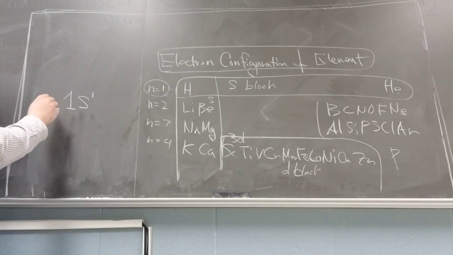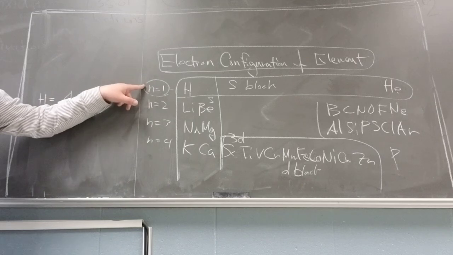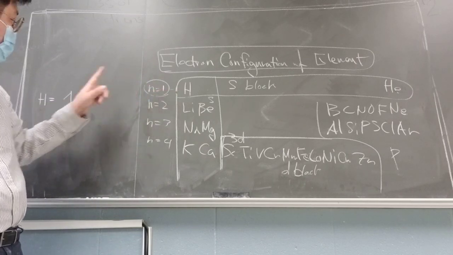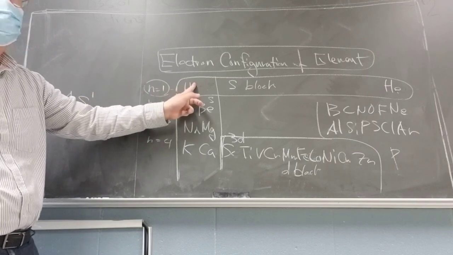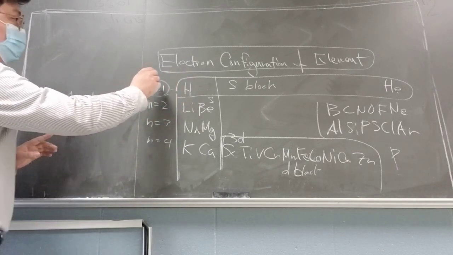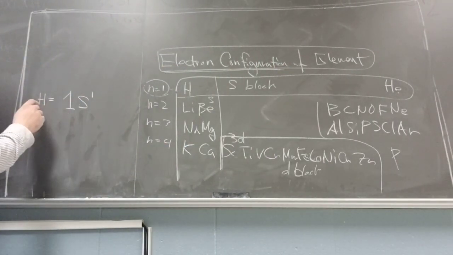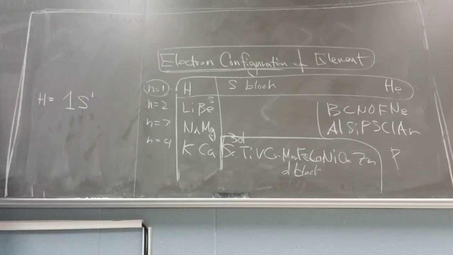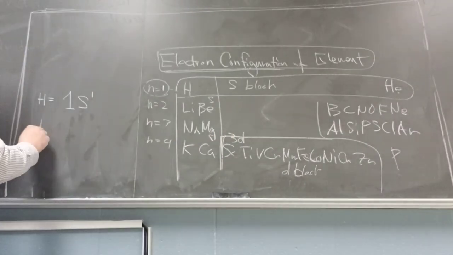So for hydrogen, this will be 1s because it's S block, and then there's only 1 electron here. So electron configuration form for hydrogen is 1s1. Okay? So that means for helium will be what?